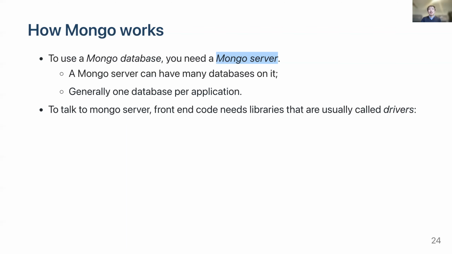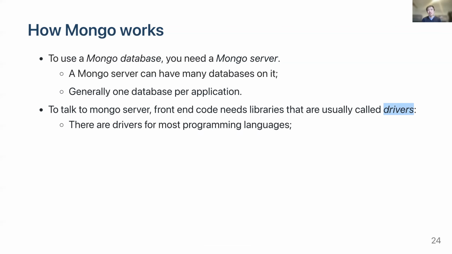Okay, and then to connect to the MongoDB server, you need something called drivers. The drivers basically know how to talk to a particular server. Drivers usually come for different languages, for JavaScript, for Python, for Java, for C, etc. That allows you to access the database using different programming languages, which makes it a little bit easier.